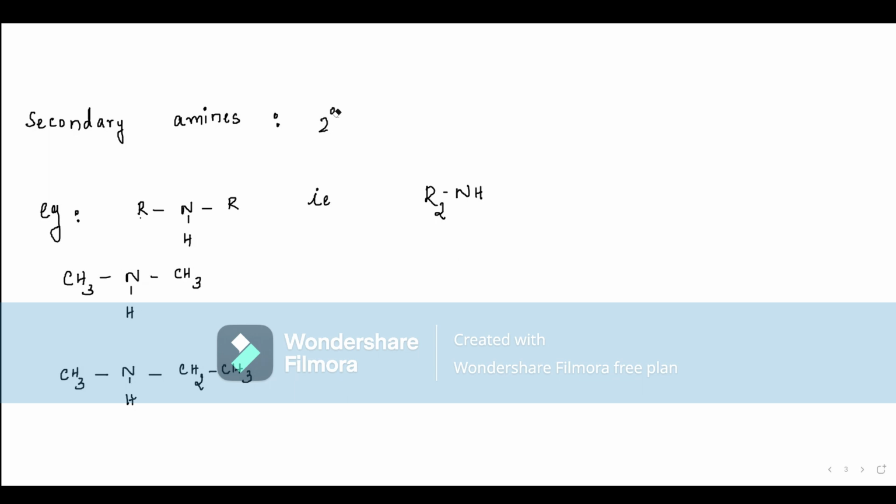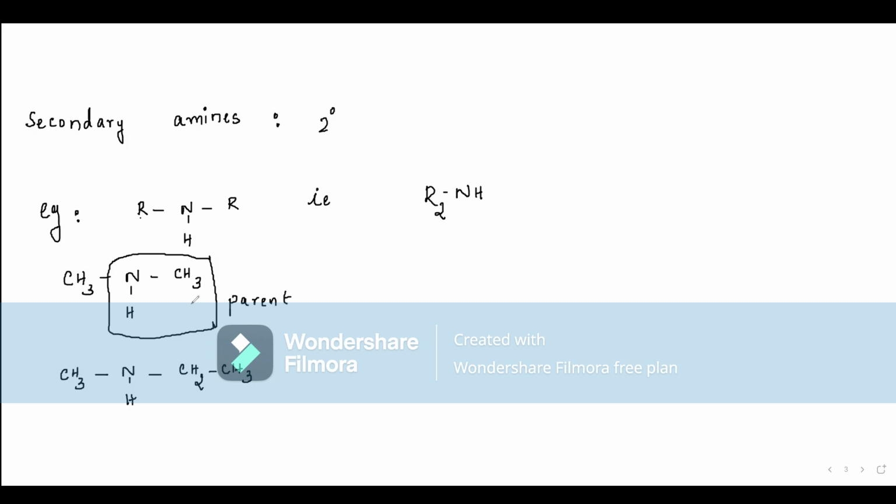It is CH3 on both sides. Therefore, connect your NH with any of the alkyl groups. So that becomes the parent, and whatever is excluded now is the substituent.